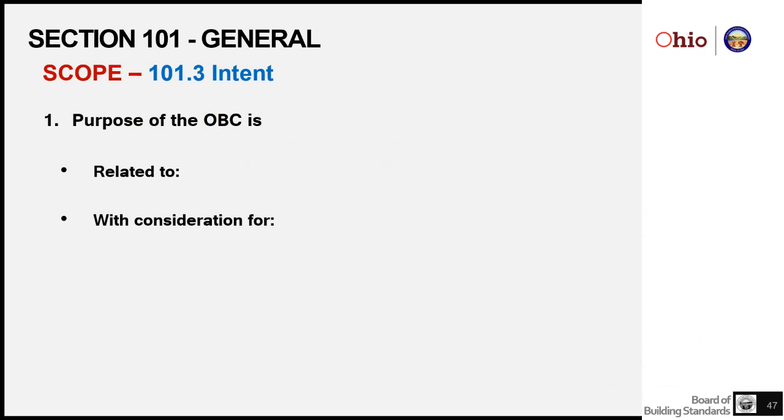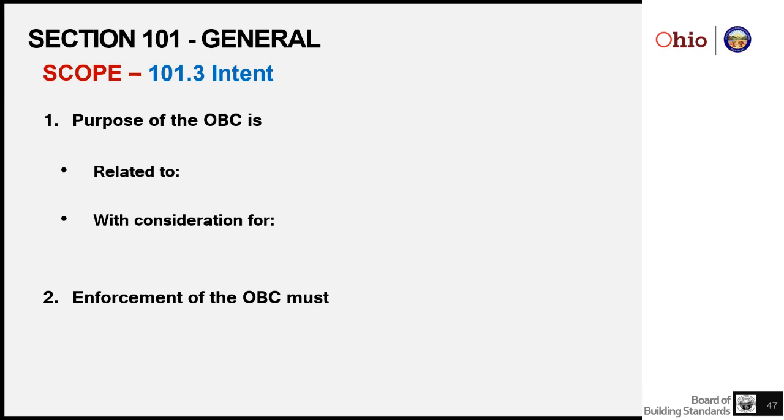the purpose of the OBC, what it's related to, and the kinds of considerations. This is about what the board looks at, is charged with, and what's going through the board's mind as they write these rules. They also are talking about enforcement of the OBC and what must happen in the enforcement.